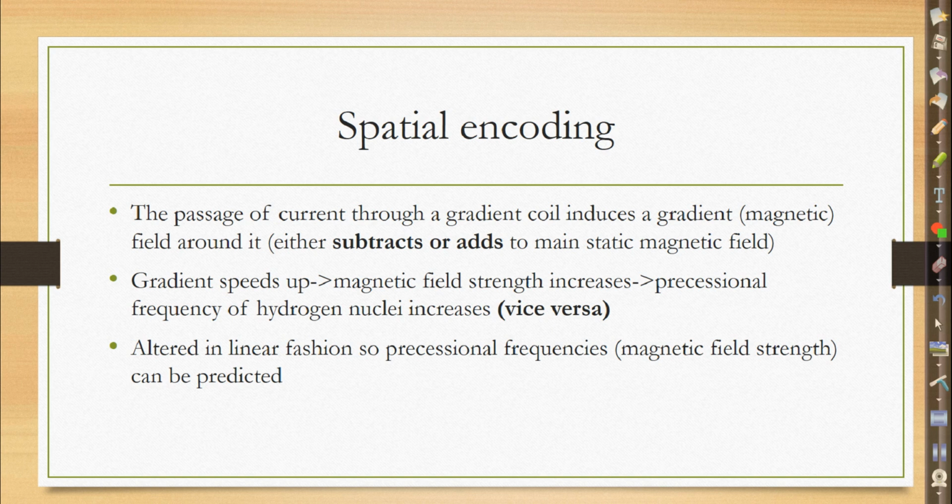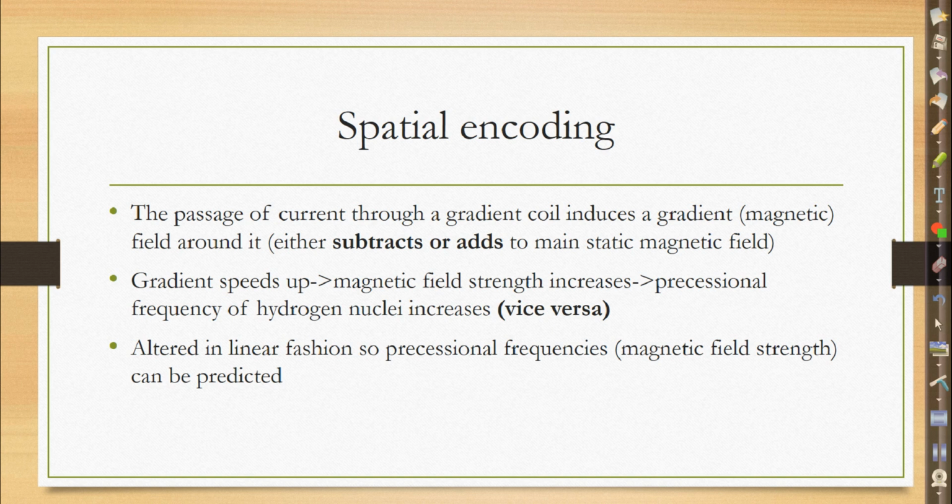And that's important because we can apply certain precessional frequencies so that we can use our RF pulse to excite, say, a particular slice. So we don't even have to move the patient at all. With CT, they're moving through the gantry, right? Because they scan in one area and then the patient moves through that area.